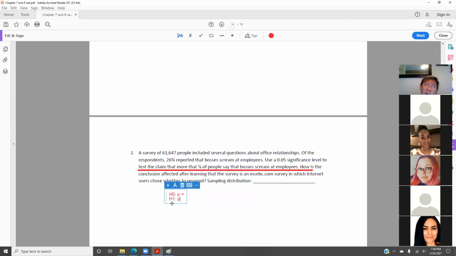Does anyone know a quarter in percent? 25, 25% or 0.25. I'm okay with 0.25 or 25%. Again, H0 is always equal, so don't forget your P is always equal. What will the alternative H1 be?